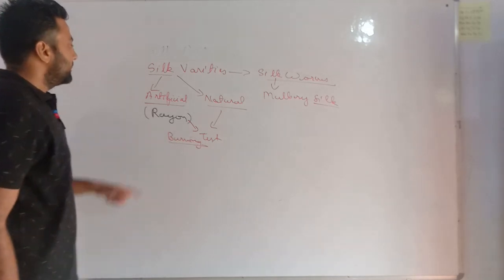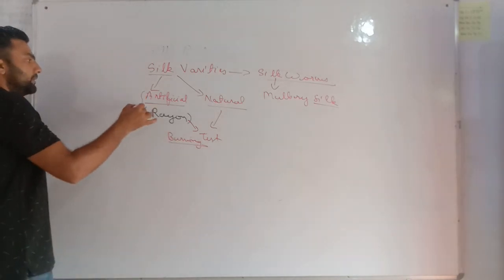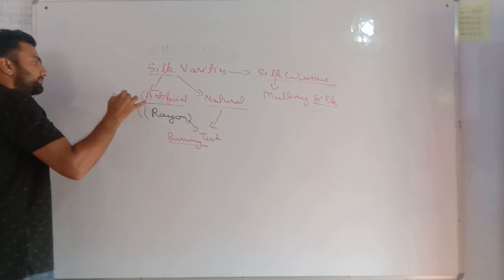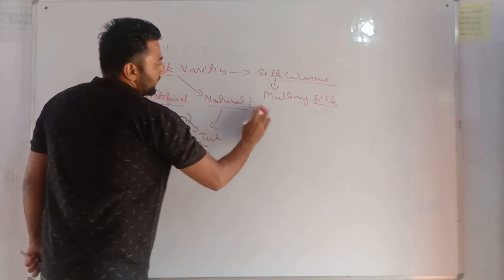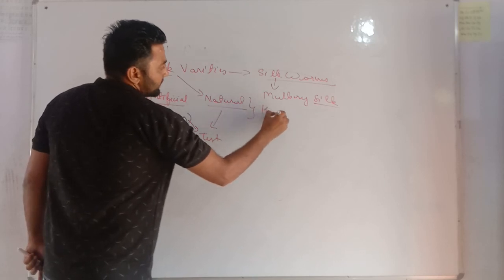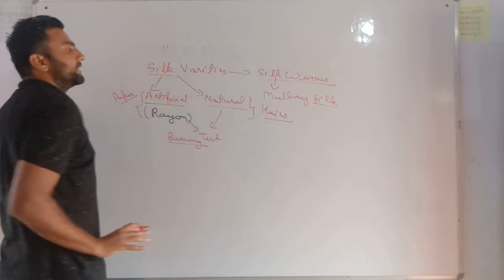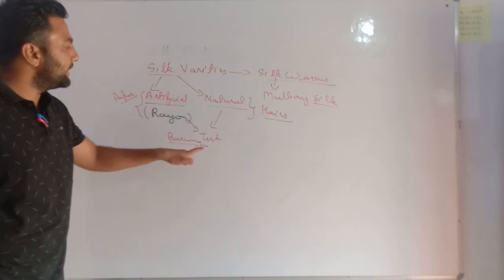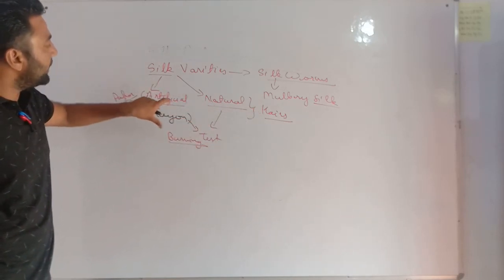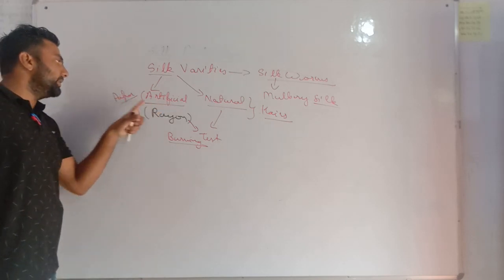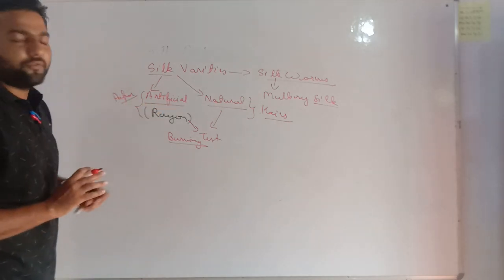In the burning test, artificial silk burns like paper, smelling like paper, and natural silk burns like hair. If it gives the smell of burning hair, then that is natural fiber. And if by burning any silk there is a smell of burning paper, then for sure it is artificial silk.